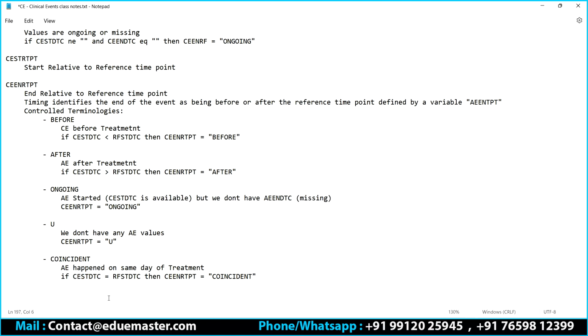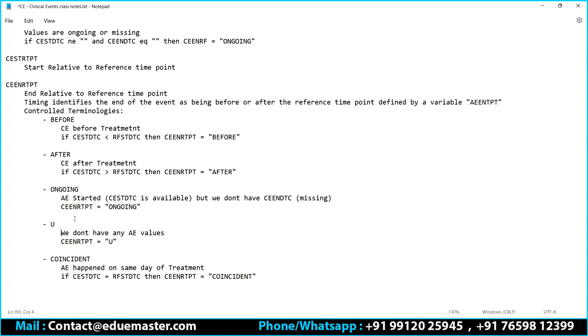That's it. So what we have discussed here, there are 4. If your clinical event happened before the treatment, then it is before. If the clinical event happened after your treatment, then it is going to be after. If you have the starting point, but you don't have the ending point, it is ongoing. If you don't have any information about your end reference, then it is not known, that is unknown.